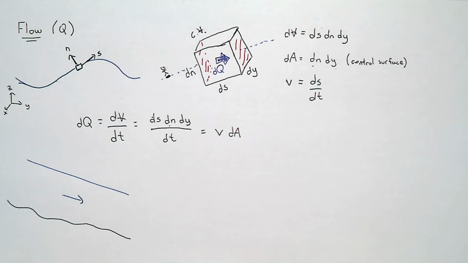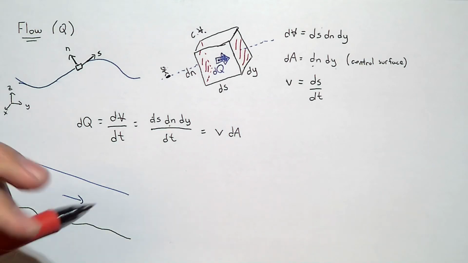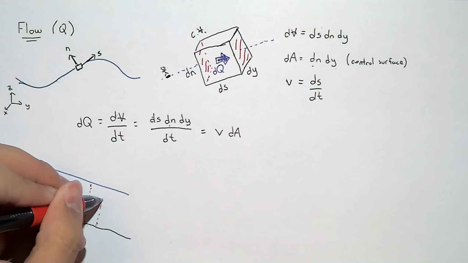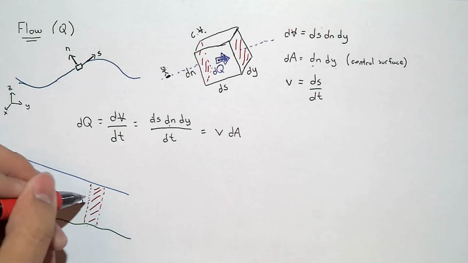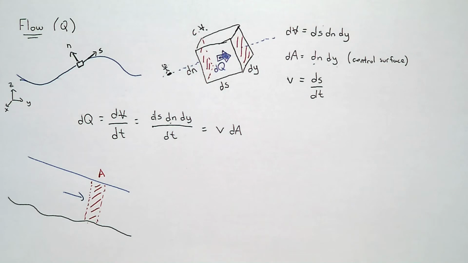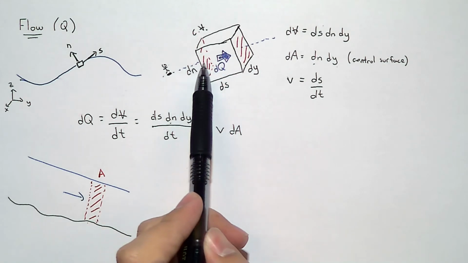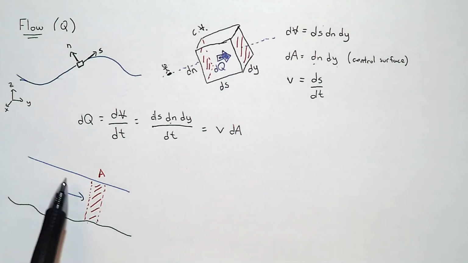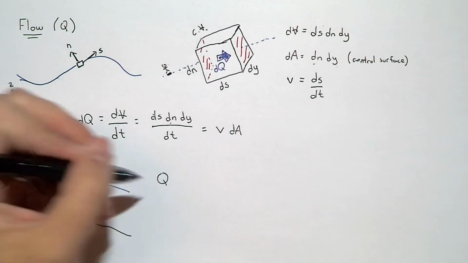So what I'm going to do, when I'm studying a finite, quantifiable fluid, is try to quantify the amount of flow passing over some cross-sectional area A. Again, I was looking at flow passing through a tiny, tiny area dA, but now I want flow that's passing through an actual area A. And then how do I find the total flow rate passing through that area?